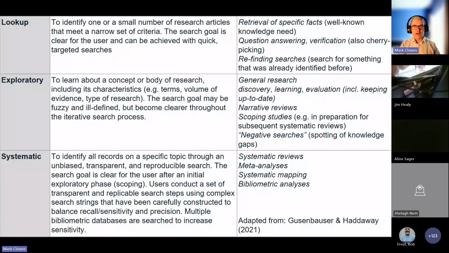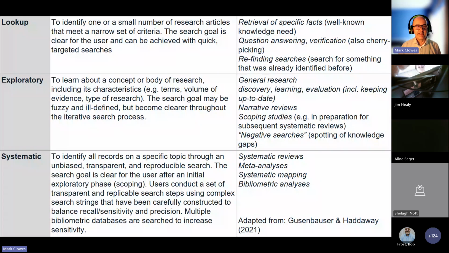When was the reorganization of the NHS? Which particular one of those you might be talking about. It might be about verifying something that you've heard suggested elsewhere. Or refinding a paper that someone sent you but you didn't save in the right place and you need to just check up on. So that's a very targeted search that we all do in our daily lives, and it's even got to the point now where we can tell our phones to do those kind of searches for us quite frequently.